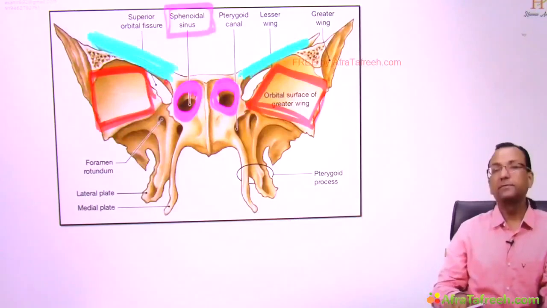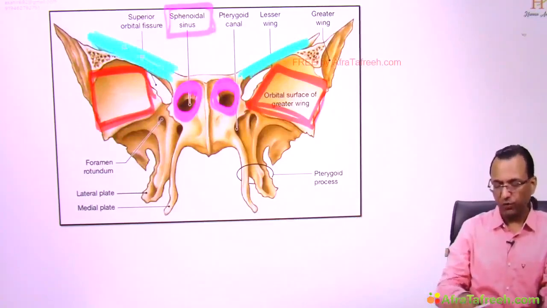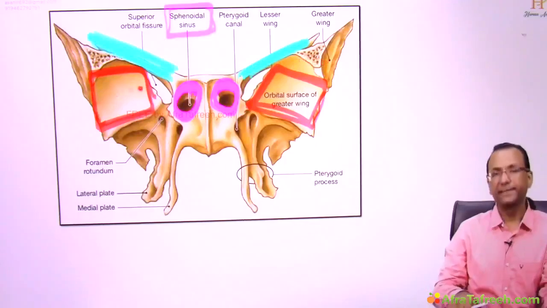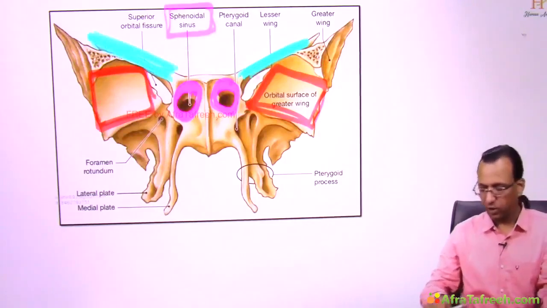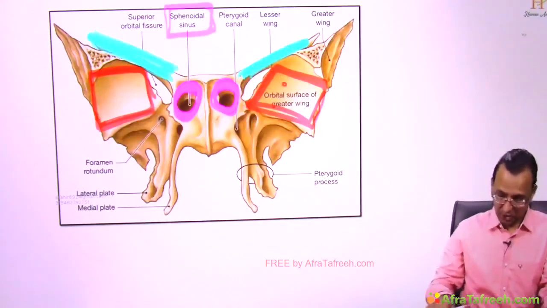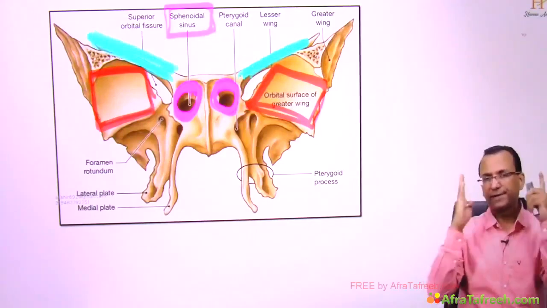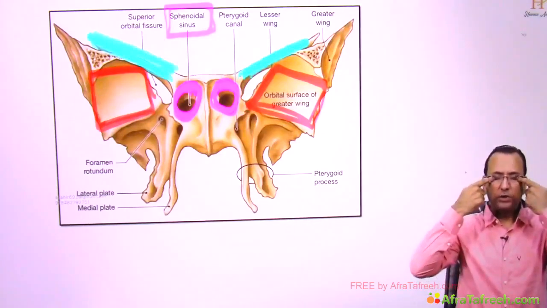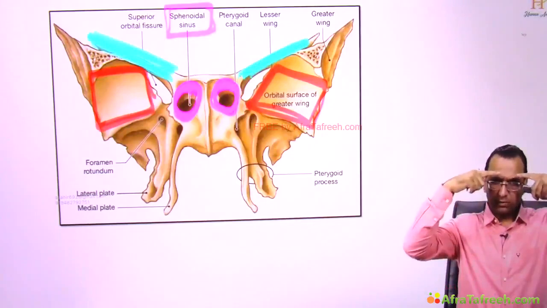The lesser wing of sphenoid is the roof of the orbit, and the greater wing of sphenoid is the lateral wall of the orbit. This superior orbital fissure is between the lesser wing and greater wing of sphenoid.